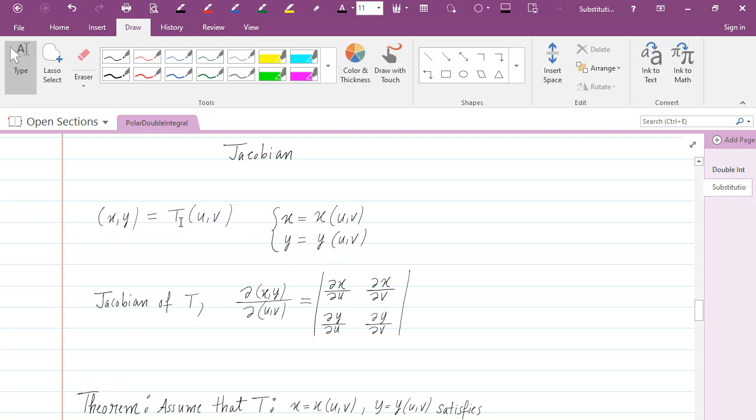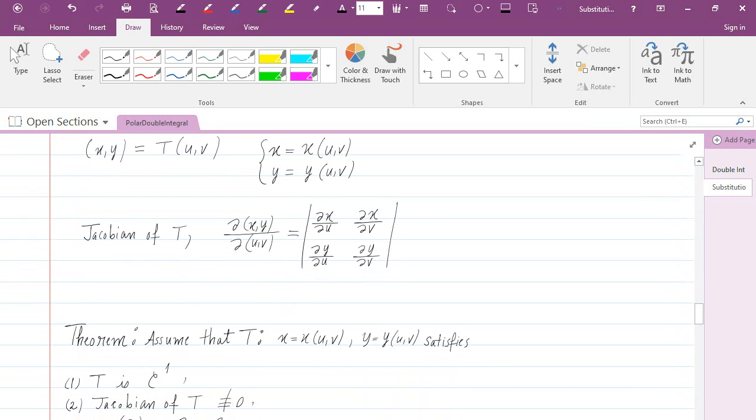Then the Jacobian of this T is denoted by this symbol here, delta x, y over delta u, v. The way I read it is, the Jacobian of x, y with respect to u and v. And this is the determinant of the 2 by 2 matrix, where the entries in the first row are partials of x with respect to u and v, and the entries in the second row are partials of y with respect to u and v. So that's the Jacobian of the transformation or the mapping T.